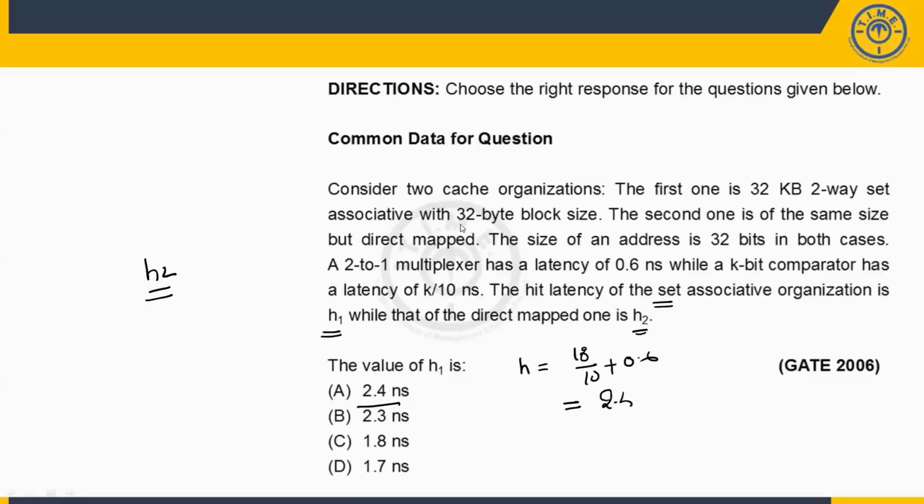So the hit latency is just the comparator latency, k by 10, where k is the number of tag bits, 17. 17 divided by 10 is 1.7.